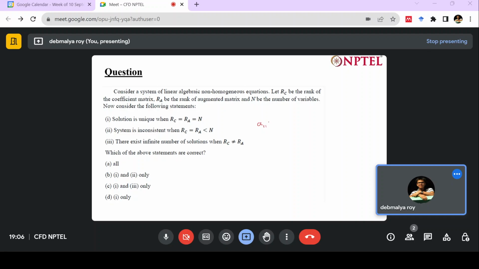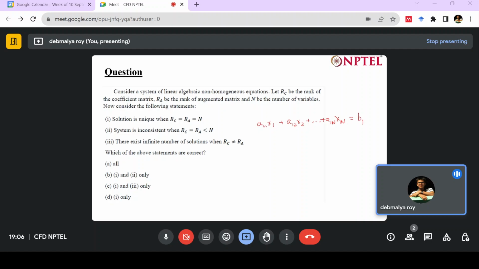So x1 plus a1 to x2. Let's say there are n variables. So we have an equation like this. It's linear.